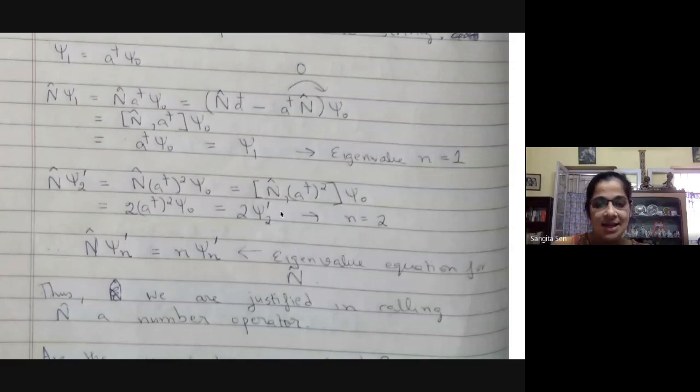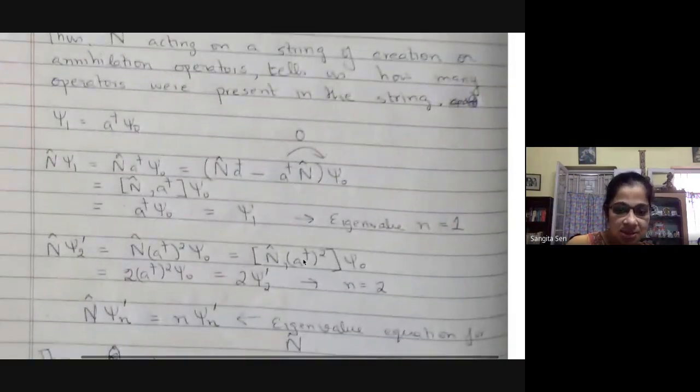The reason being that the n acting on psi0 will give you 0, so that term is basically 0. So you can, without any loss of generality, replace n a dagger square with the commutator of n with a dagger square. Okay. Then from the above relations, so this is with a dagger, so no sign, the 2 comes forward and you get back a dagger square on psi0. So you have 2 times psi2 prime.